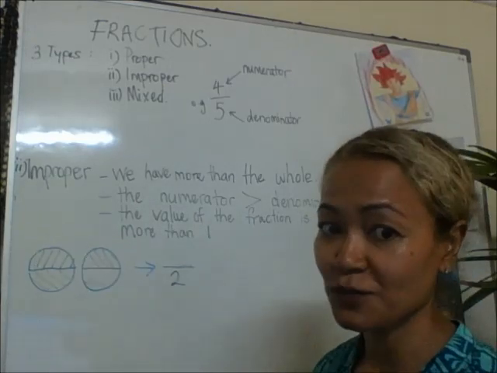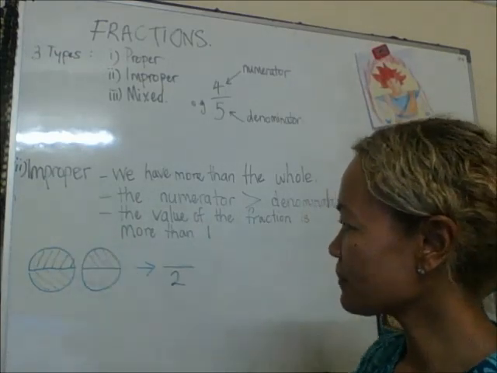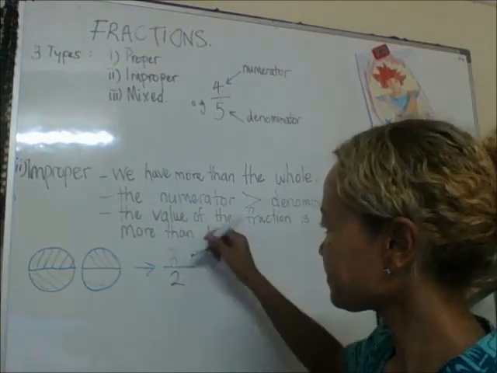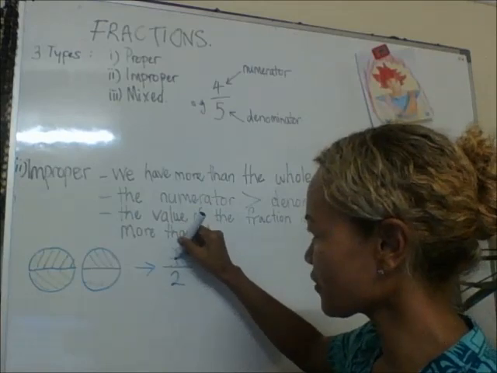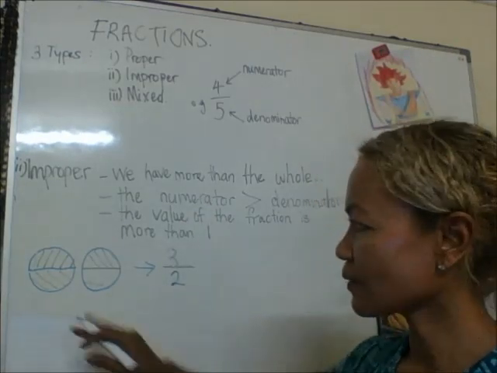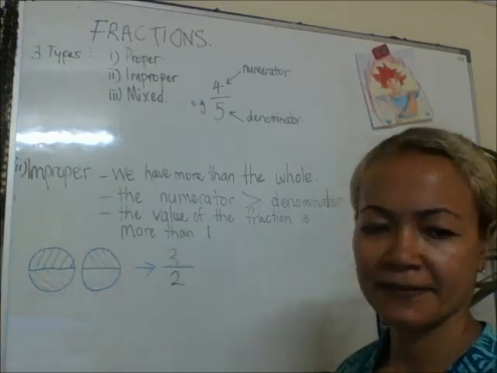So it's more than just 1. 1, 2, 3 parts out of the 2. The ink is not showing all that well, but it's 3 over 2. So out of a possible 2 in the whole, we have 1, 2, 3.